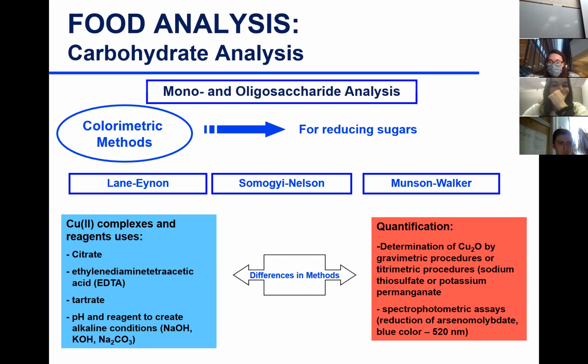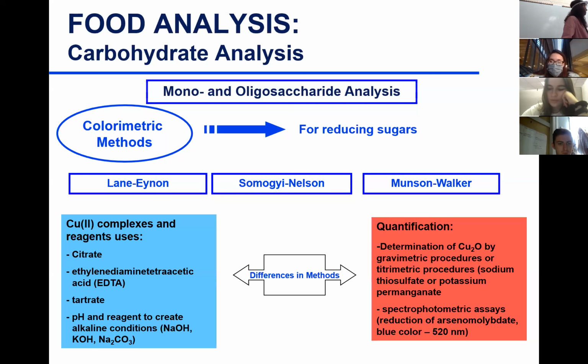Somogyi-Nelson specifically uses, I can't even say, arsenomolybdate reagent. So the cupric ion gets reduced to cuprous, and cuprous reduces the arsenomolybdate and gives you a blue color that you measure with a spectrophotometer at 520 nanometers.